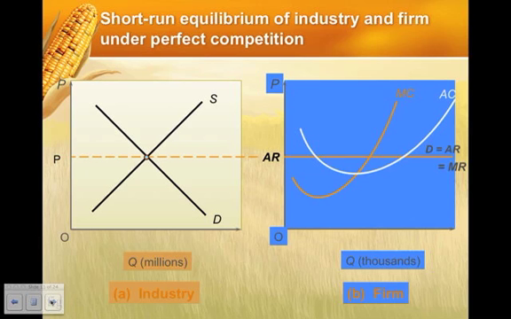You find where MR equals MC, draw that output down, and then you can also locate your profit there with that lovely rectangle. And so again, that's just a short run equilibrium for profit for perfect competition. So whether you like my graph or the computerized graph, whichever one helps you out the best would be just fine to use.